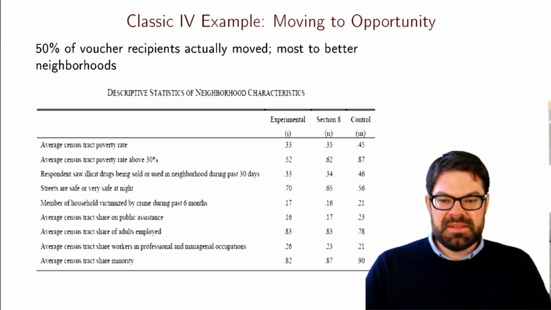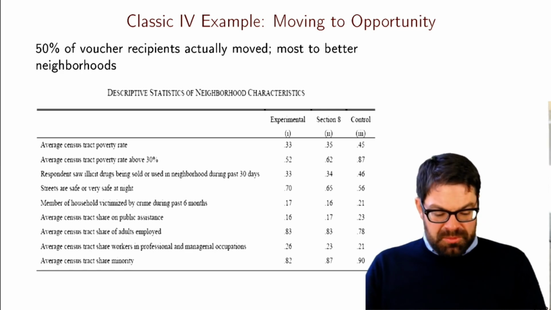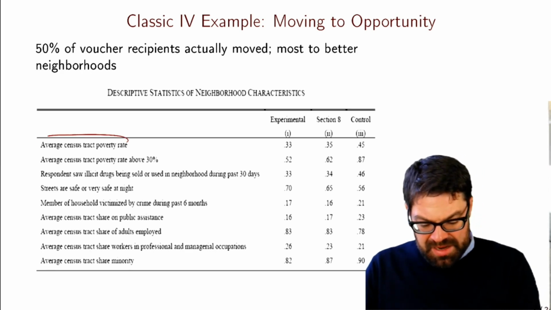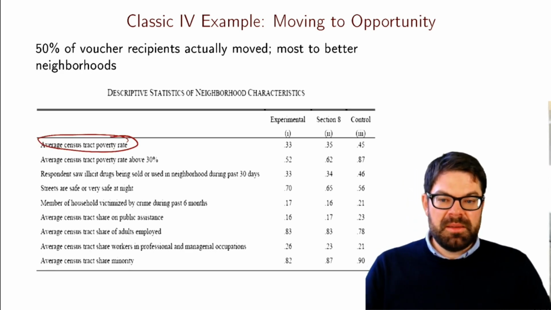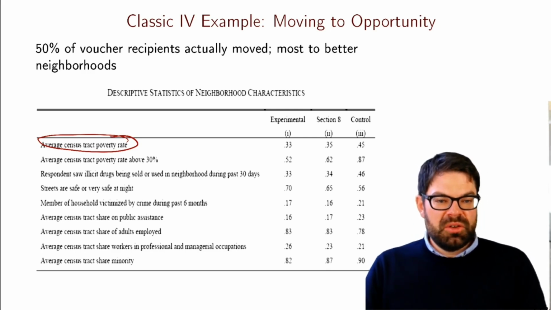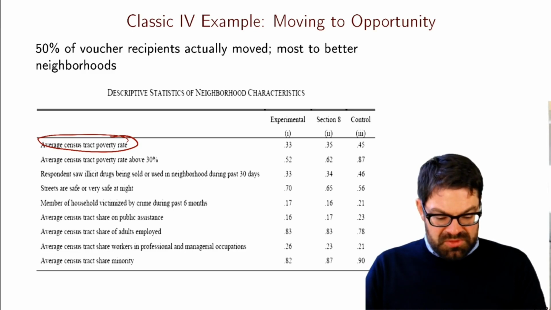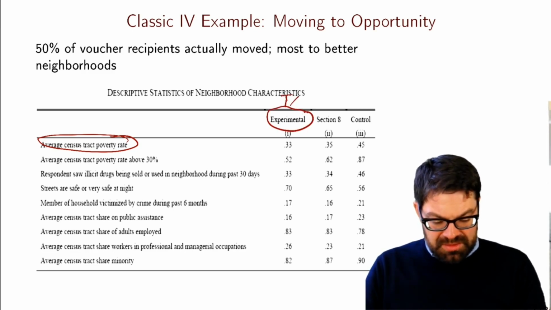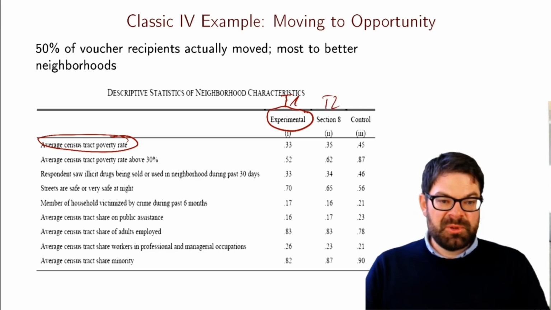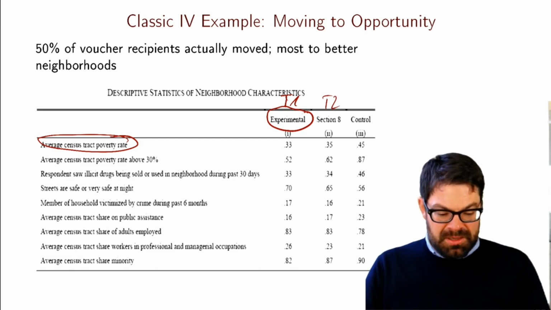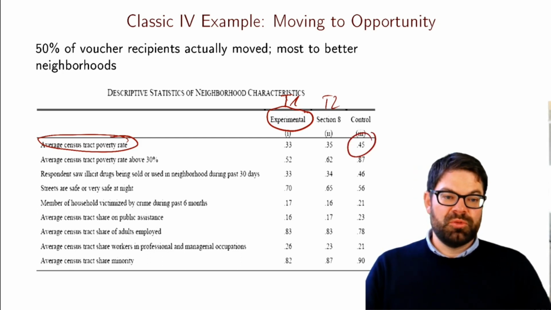So you can see this here when you look, for example, at the average poverty rate in a neighborhood, in a census tract. Among those people in treatment group 1, that's these guys, and treatment group 2, they moved to a neighborhood with a lot lower poverty compared to the control group.